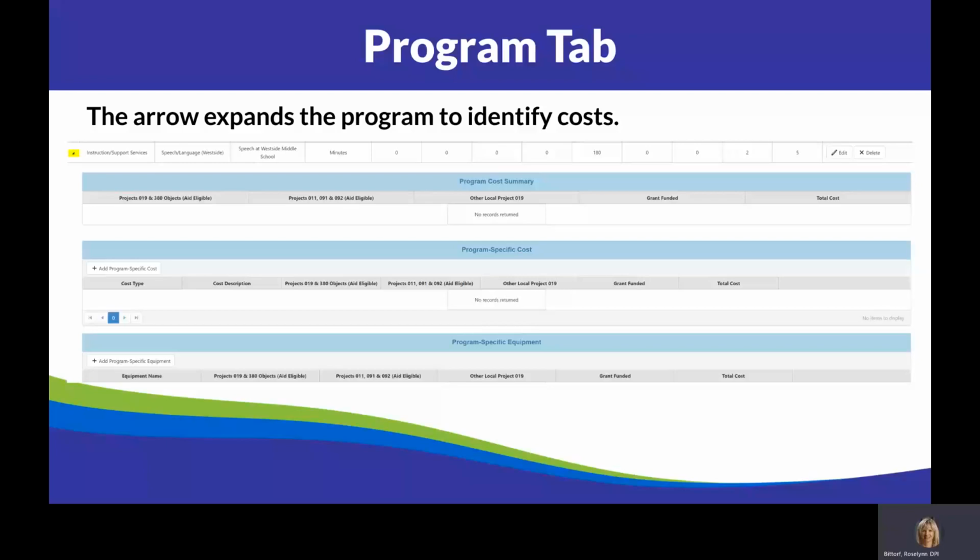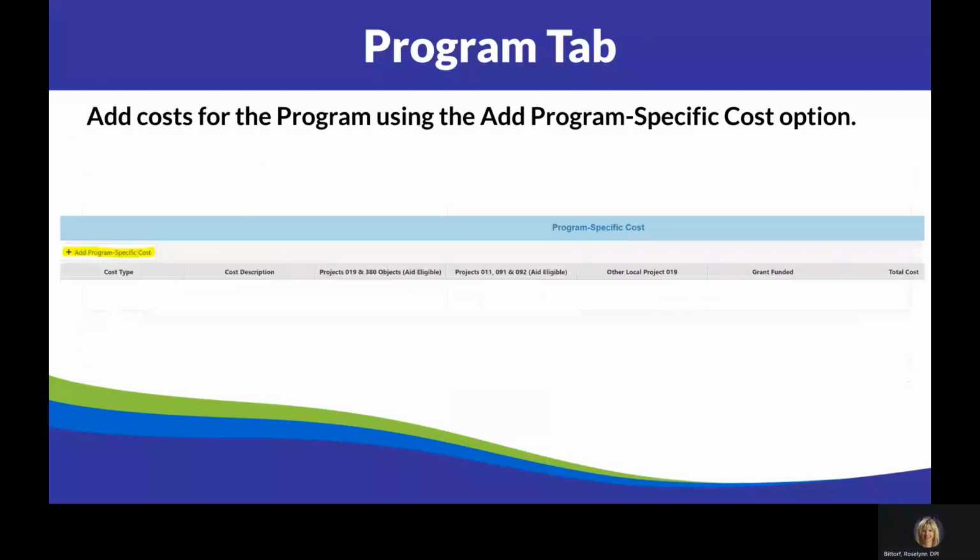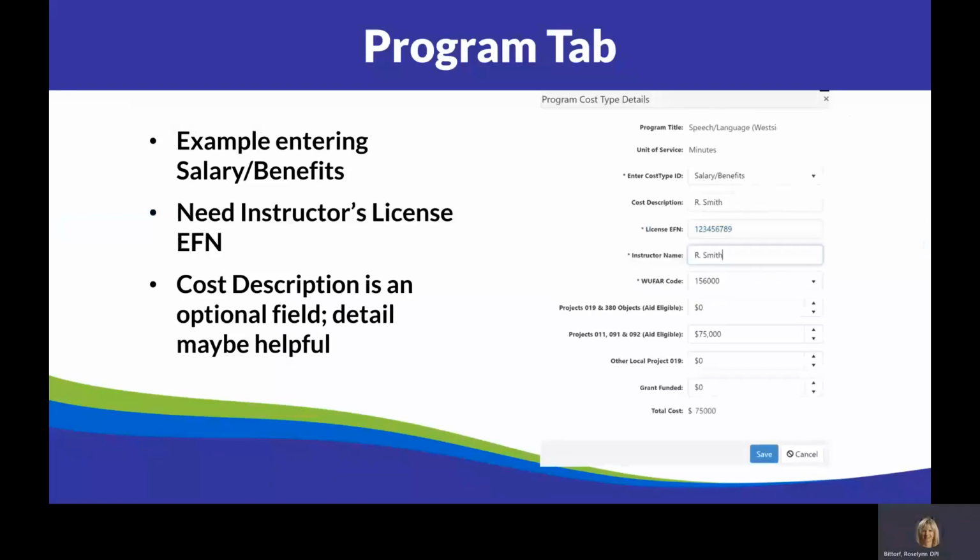By selecting the Add Program Specific Cost, I can enter specific costs for the program, such as salary benefits or supplies. I can also select the Add Program Specific Equipment here or add it when I get to the Equipment tab. By selecting the Add Program Specific Cost option, I can add costs for the program. Here I am entering salary benefits for one of the instructors in the program.